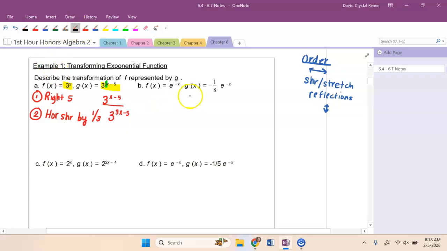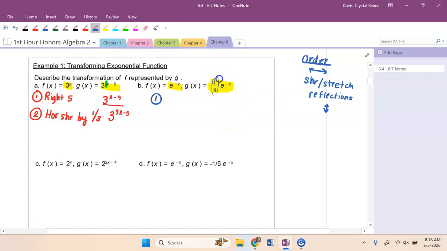Let's look at another one over here. We go from e to the negative x, and we're going to finish with negative 1/8 e to the negative x. The first thing we look at is, are we moving left or right? No, so we move to the next. Do we have a shrink or a stretch?